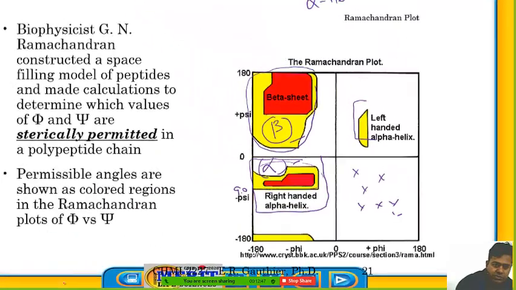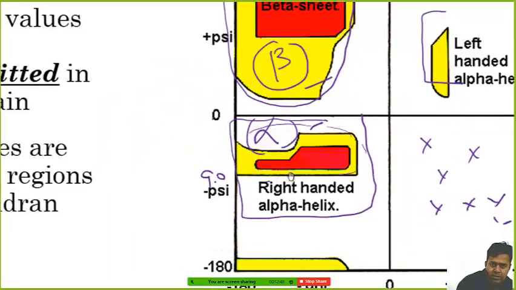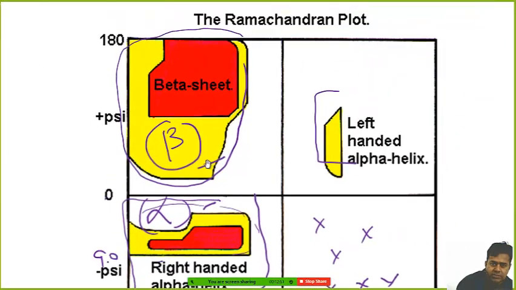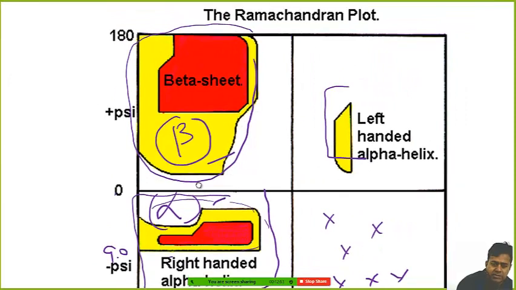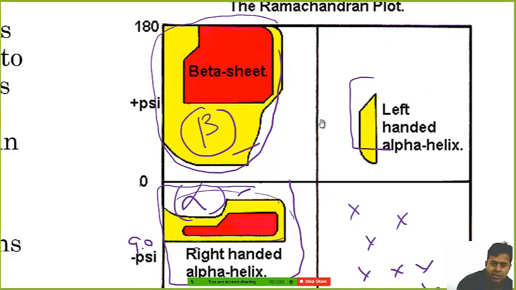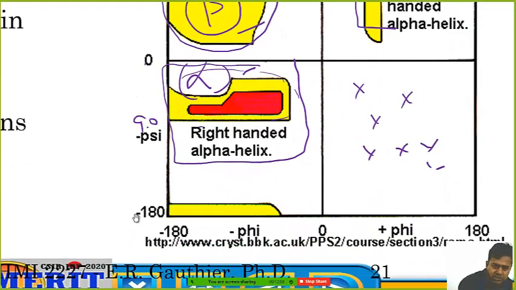For example, I can show you here. Now see the graph very carefully. This is the Ramachandran plot, and this is the square, right? So starting from 180, 0, and then minus 180. Okay, minus 180, 0, 180, right? So this region is minus 180 to 0, clear?